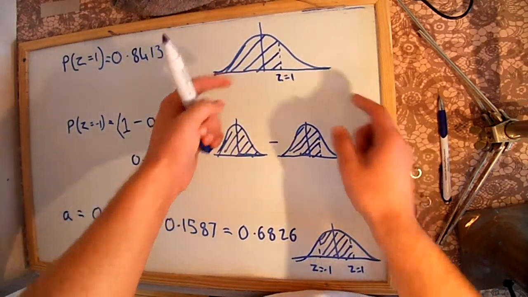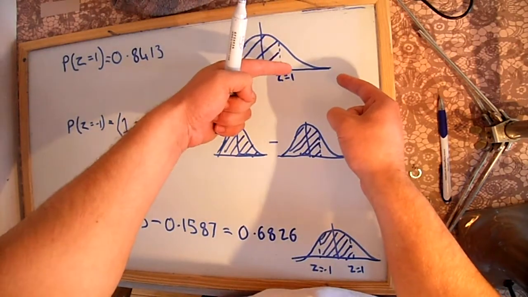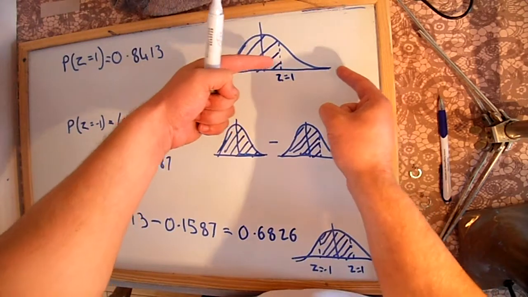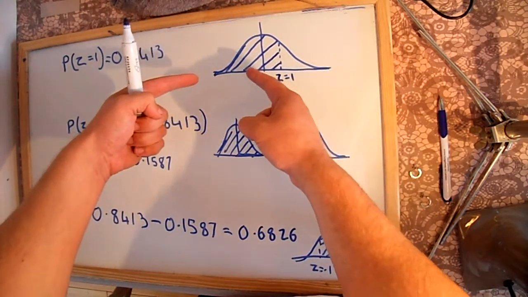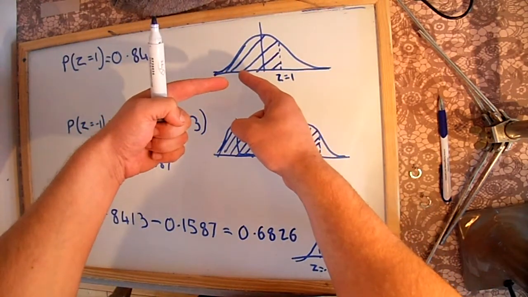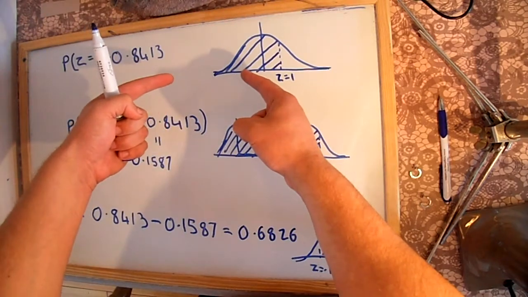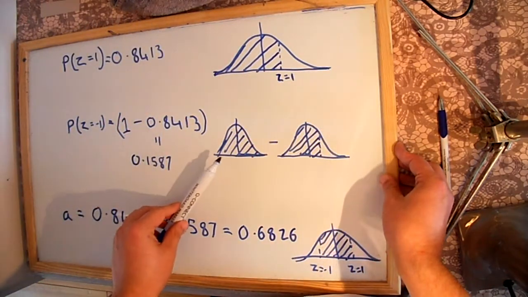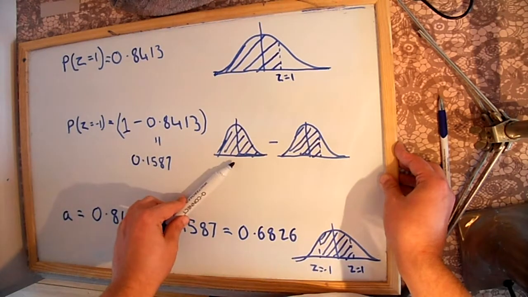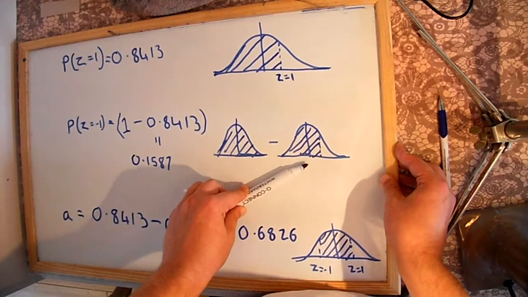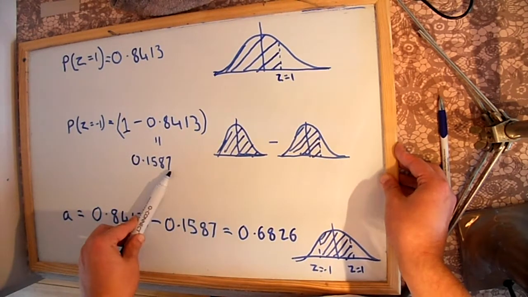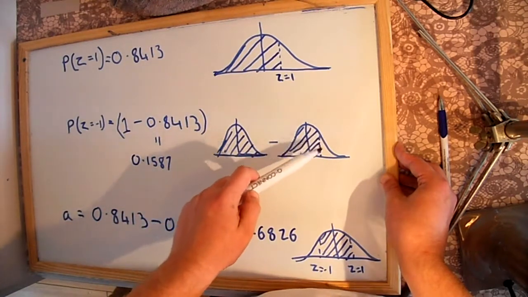So z equal to 1 to plus infinity is the same probability as z equal to -1 to minus infinity. Taking that on board, we take the probability of 1 of the whole distribution, take away z equal to 1, and we get 0.1587.